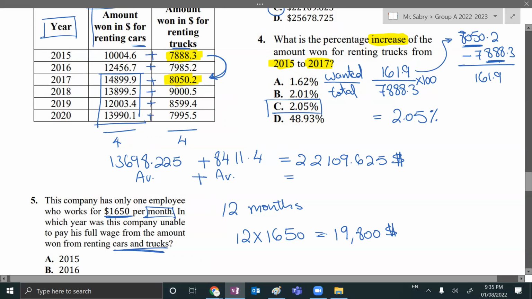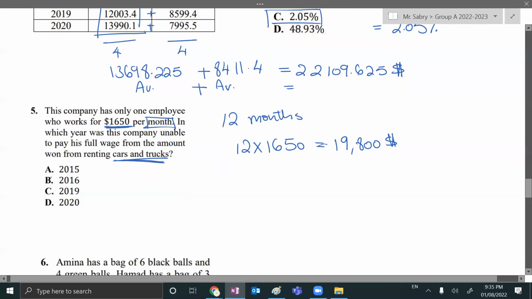Once you add all of those, you'll find that the first year they couldn't pay was 2015, which gives a total of 17,892.9. That's less than his salary. So they can't pay his salary during the year 2015. Is this clear?